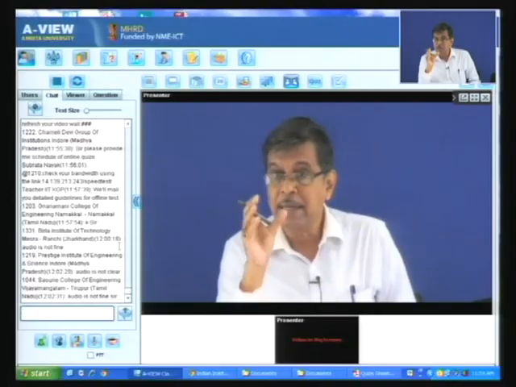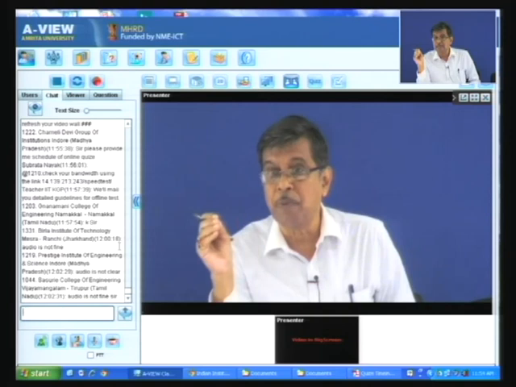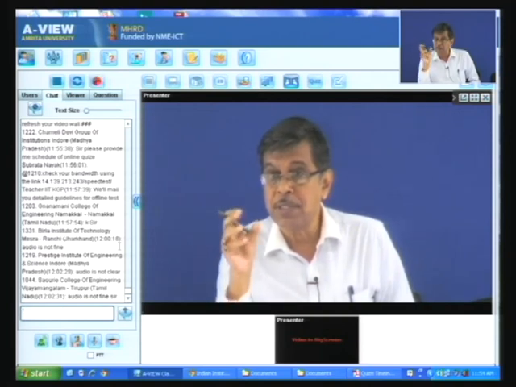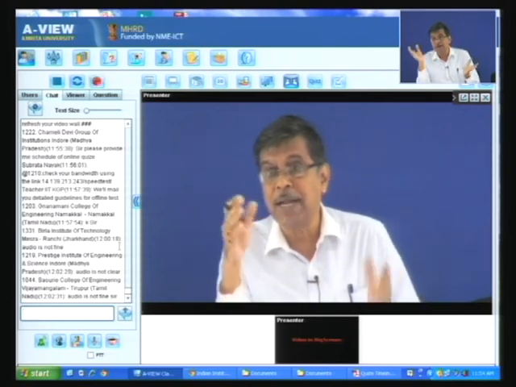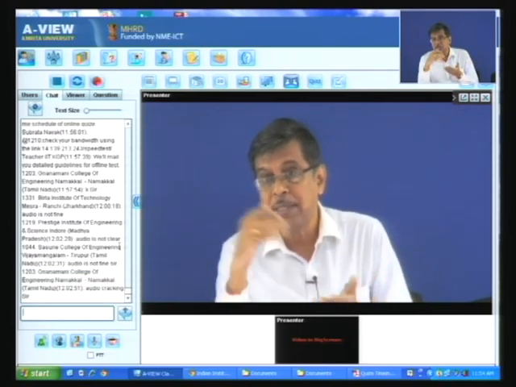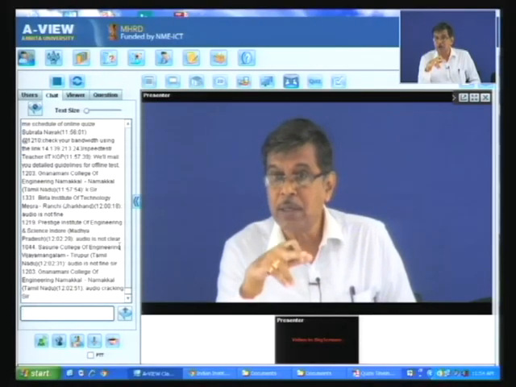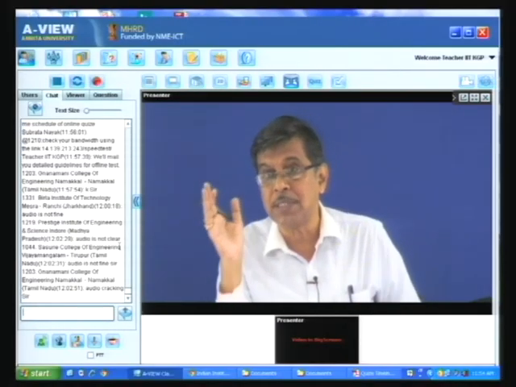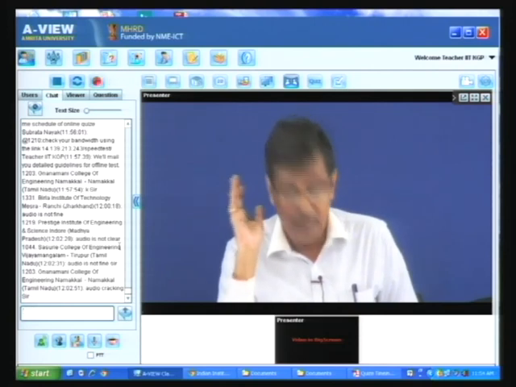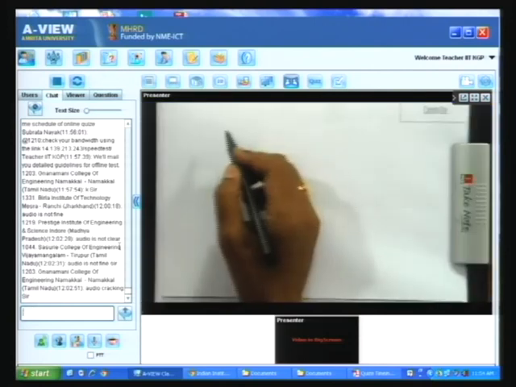That means dynamic similarity pertains to the forces governing the flow at the corresponding points. So if there are 5 forces governing the flow, the ratios between one another have to be the same for the corresponding points between the two systems. That is the dynamic similarity. Therefore dynamic similarity is the similarity of the force.